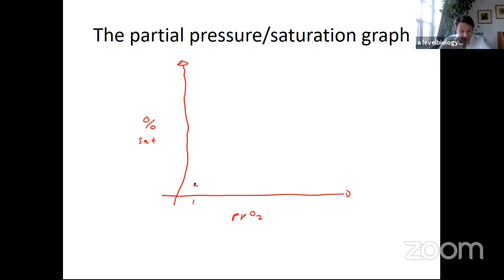And then you draw a cross. And then you increase the partial pressure, you bubble it through the blood, and you draw a cross, and so on. So you repeatedly bubble different concentrations of oxygen through the blood, and you see how much oxygen the hemoglobin is carrying compared to how much it could be carrying. And that gives us the saturation curve.